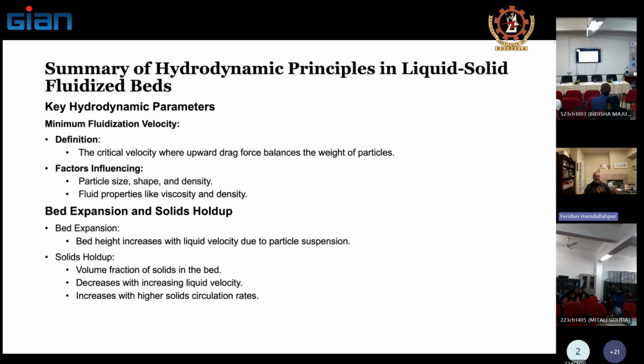For the design of a liquid-solid fluidized bed system, again, you need to determine the minimum fluidization velocity.